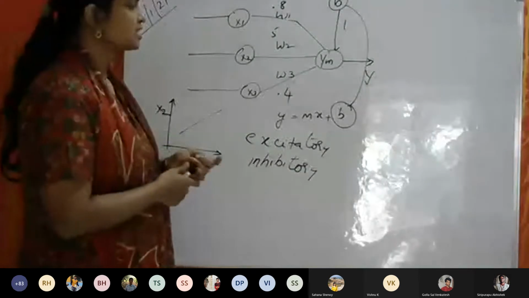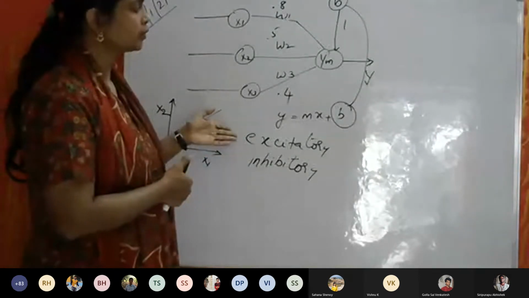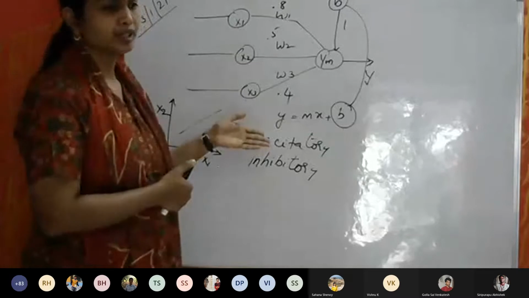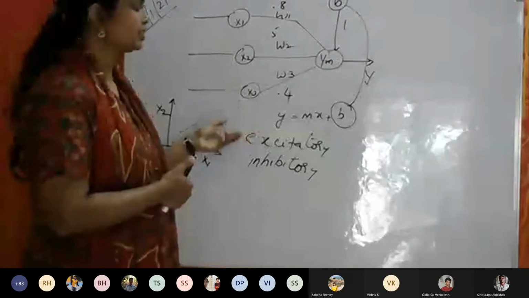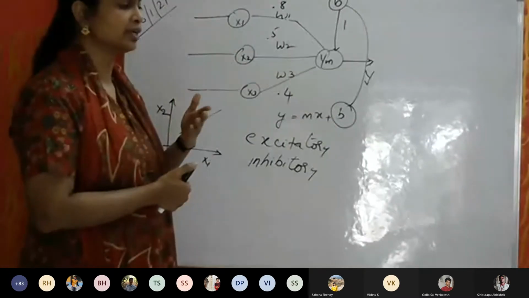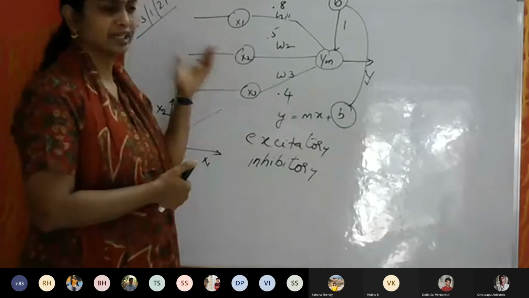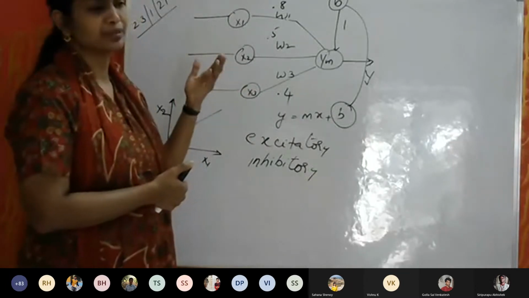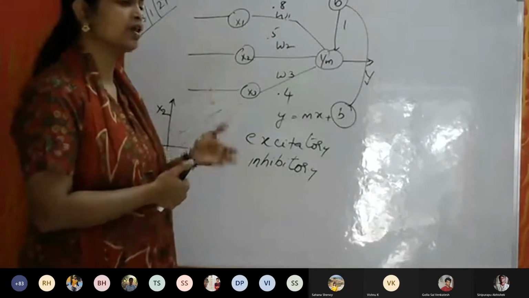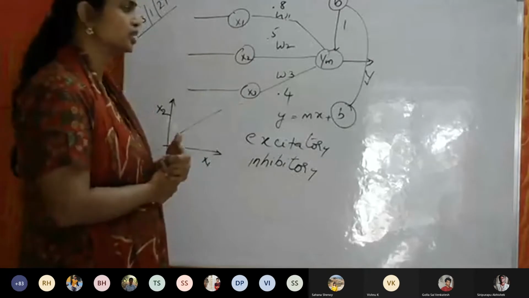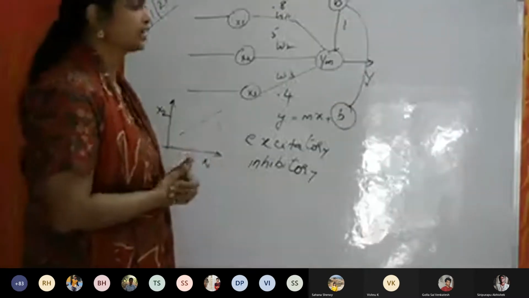So today, first let us try to see how to find the output using a simple network like this. Then we'll go for the network which was developed earlier, in 1943. There is the McCulloch-Pitts neuron, commonly called the MP neuron. That was the earlier neural architecture.